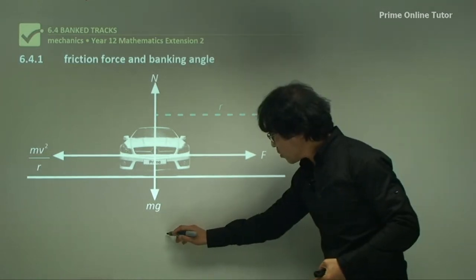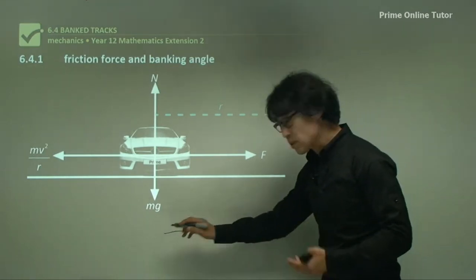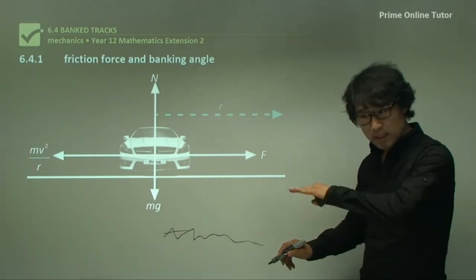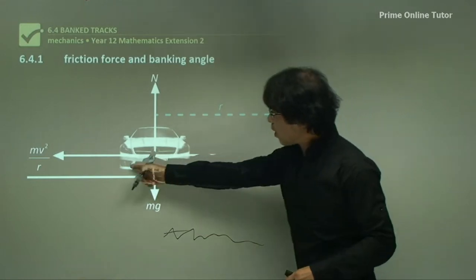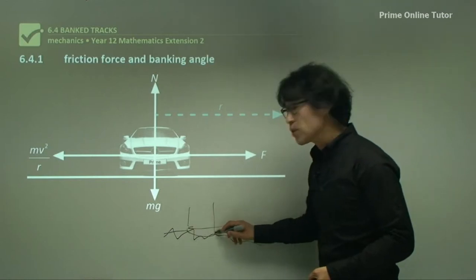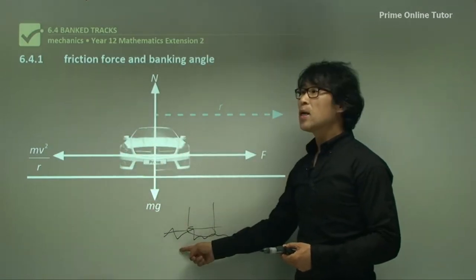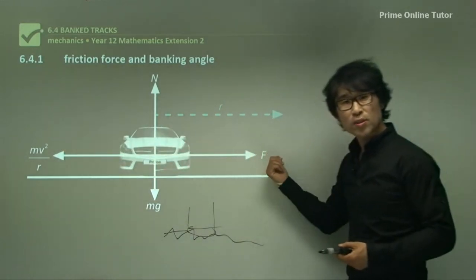The surface of the road will be maybe like that, not completely clean, and the car wheel moves around here, so there is some kind of friction. I want to get out, but the friction force doesn't allow the car to move to the other side. So that is the friction force.